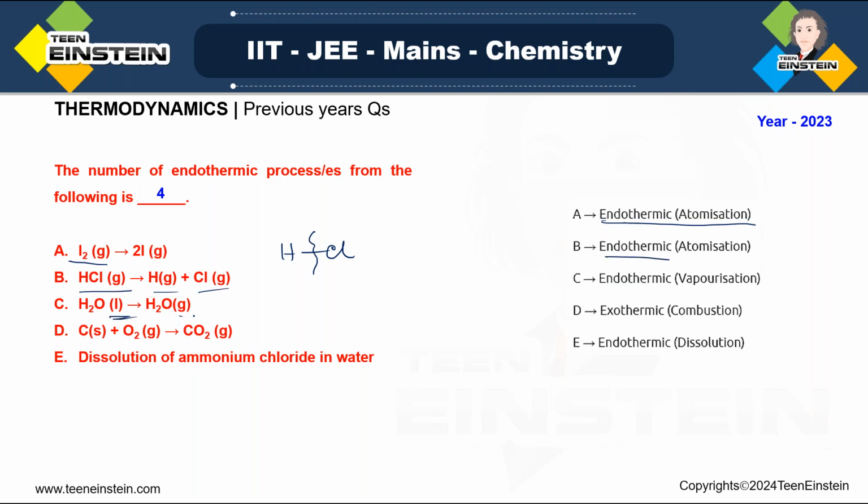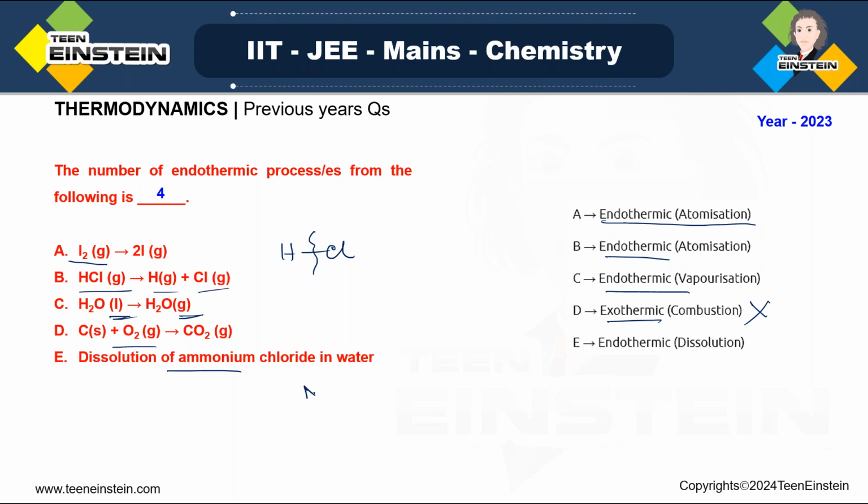Next, from liquid state, water is going to gaseous state. So for vaporization, we are basically boiling it, so it is also an energy requiring process. It should be endothermic. Now we have a combustion reaction. Carbon is reacting with oxygen to give CO2, and combustion reactions are always exothermic. So this should not be considered as an answer.